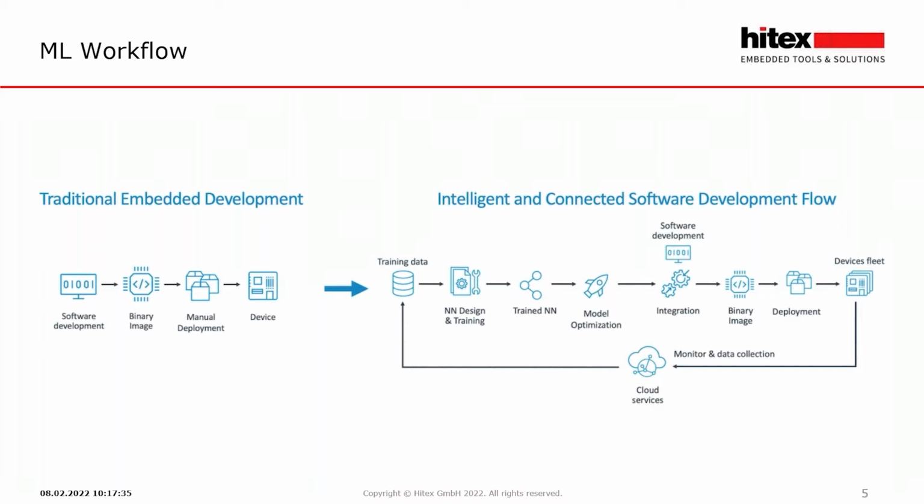But where we come to IoT and machine learning development, that loop can be a lot more complicated. Typically, certainly for IoT, what we'd like to have is a fleet of devices in the field, so that we can develop our software and then deliver that software over the air into our devices for testing. And we'll be able to monitor those devices as they're running as well.